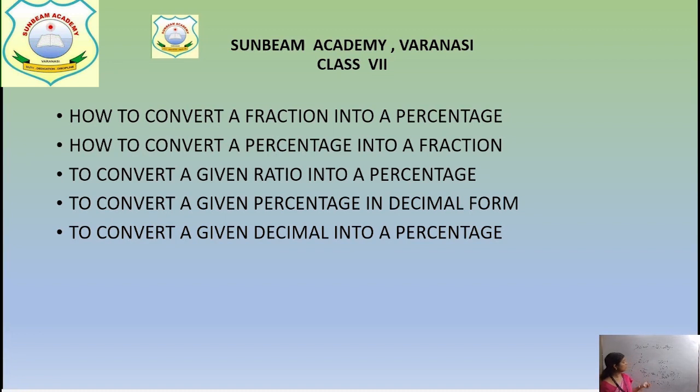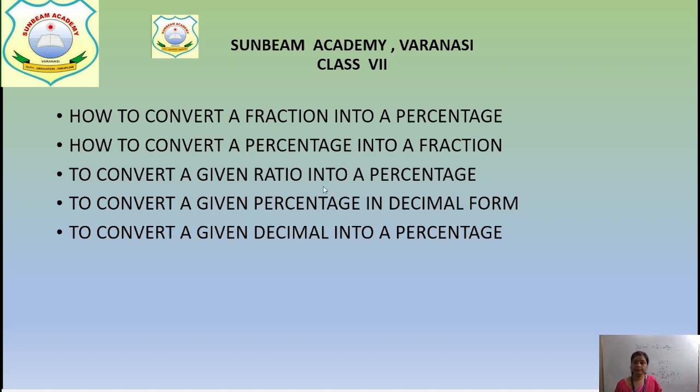It is not on the board, children, but you know that you write the percentage first, and percentage means out of 100. So you convert that percentage value into fraction and simplify it. For converting ratio into percentage, first write the ratio in fraction form and then convert it.